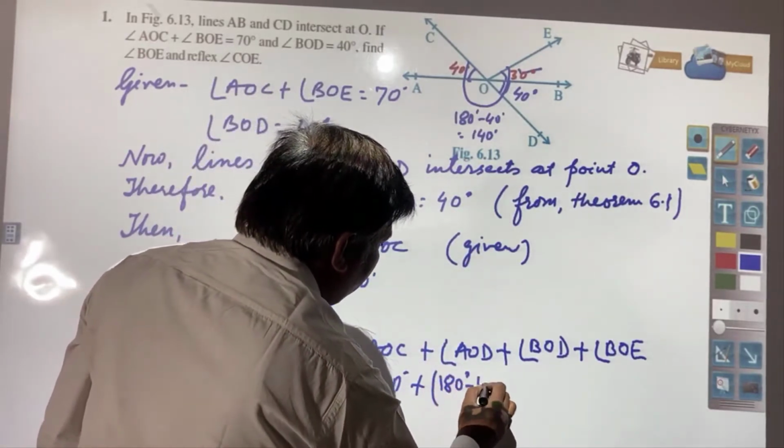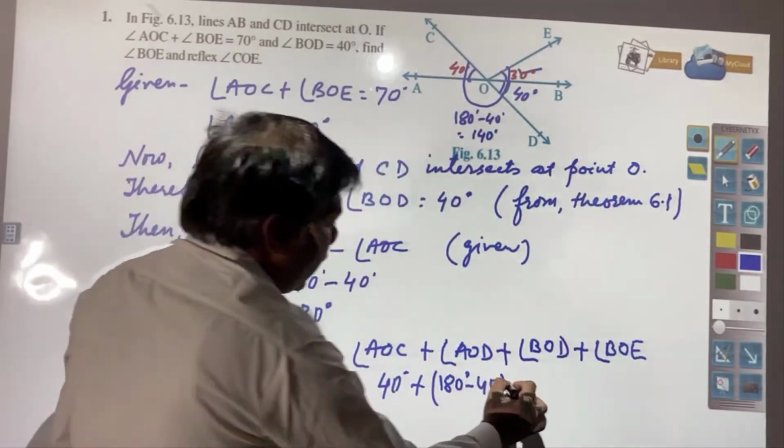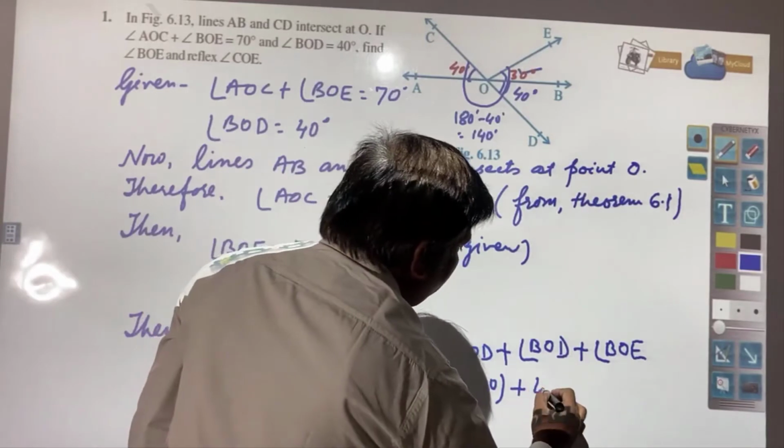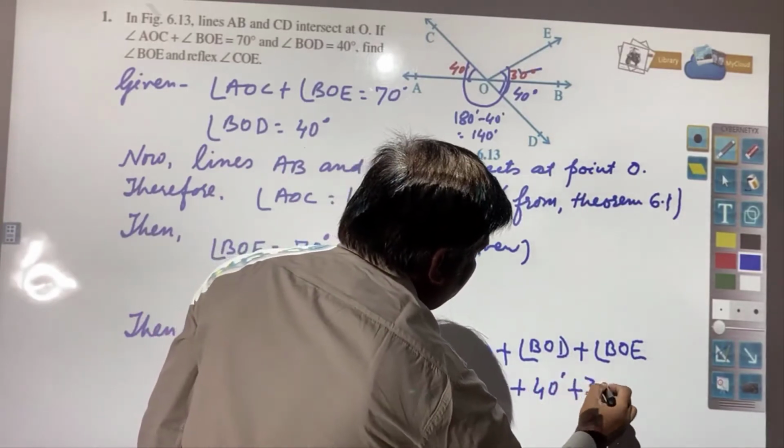180 minus 40, and plus BOD is equal to 40 degree and this will be 30 degree.